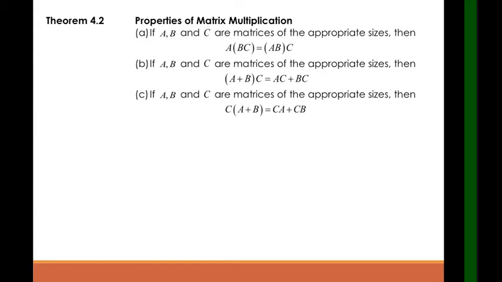If A, B, and C are matrices of appropriate sizes, then the quantity A plus B times C is equal to AC plus BC, the distributive property. And now, if A, B, and C are matrices of appropriate sizes, then C times the quantity A plus B is equal to CA plus CB.